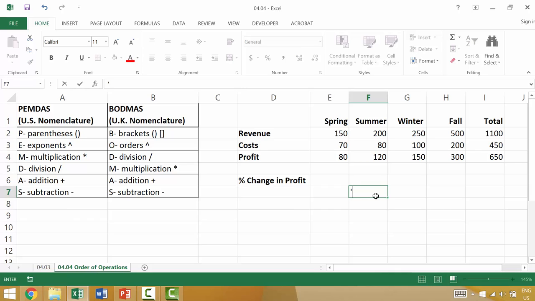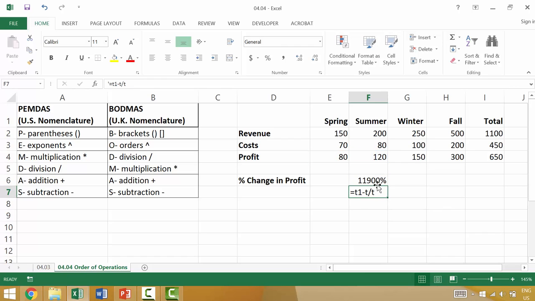The apostrophe will essentially display whatever we have without making it a function. So we're going to put in T1 minus T divided by T, right? So it will essentially be this value minus this value divided by this value. So essentially T1 minus T divided by T.